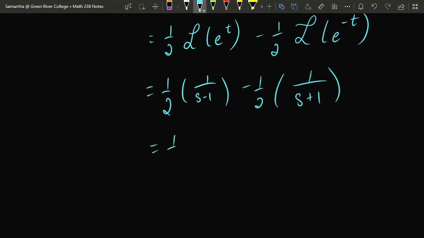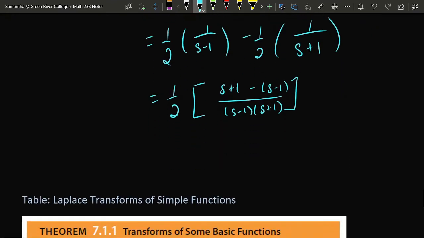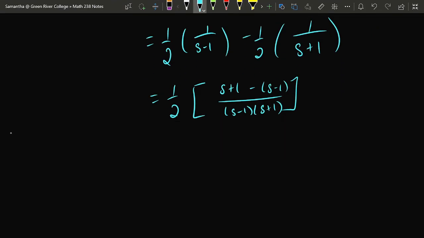So if I combine those two fractions, then this simplifies to 1 divided by s squared minus 1 squared, or 1 over s squared minus 1.